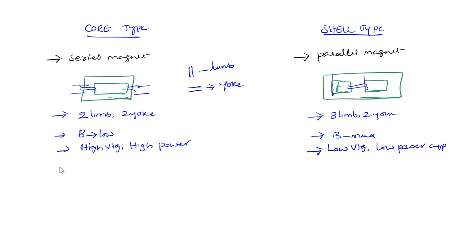What about the copper requirement? Copper requirement is more here, and here it is less. What about the insulation requirement? Final comparison: insulation requirement is less here, and here it is more.